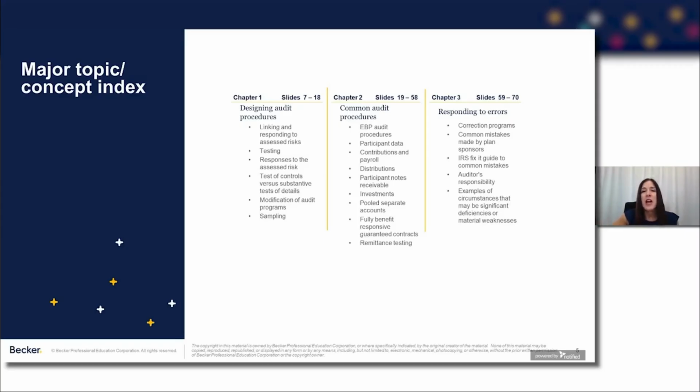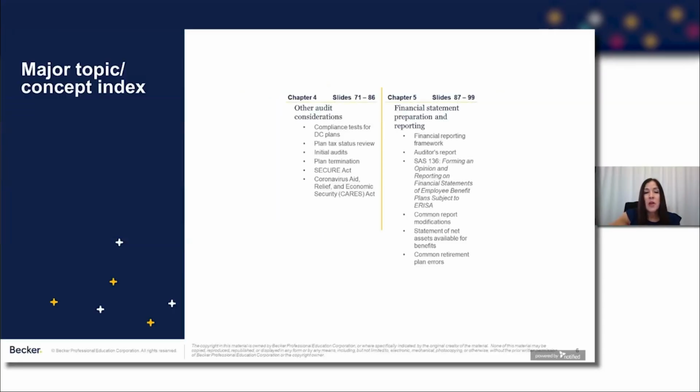So that's another unique factor about an employee benefit plan engagement, is that yes, there will be times you do identify errors and mistakes made by plan sponsors, and we have to know how to advise and/or assist the plan sponsor with getting those corrections made properly.